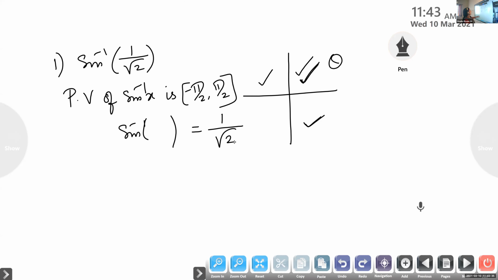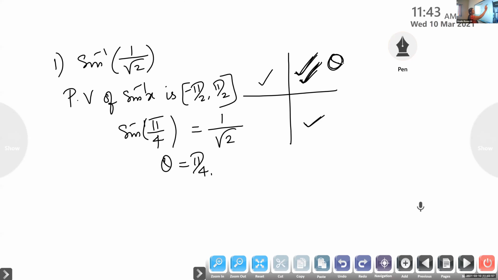Sine of dash is 1 by root 2. 45. 45 means how do we write? Is it pi by 4? So theta is pi by 4. So now from here we know the branch we will get is first quadrant.